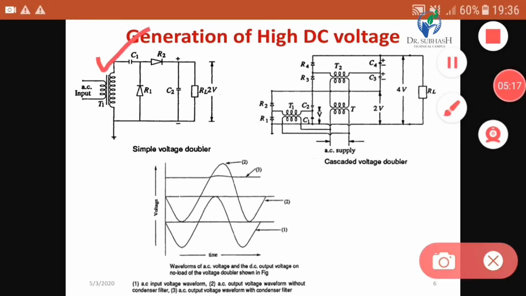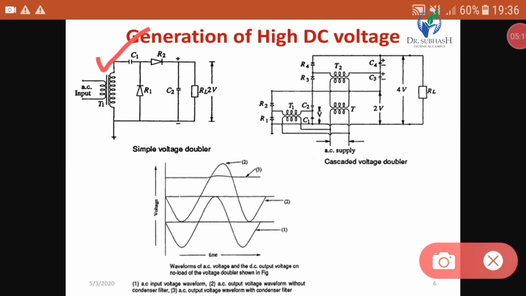So during the half cycle, capacitor will be charged up to V maximum and this voltage will be added to the output. So we get the output voltage V plus V is equal to 2V. So this way we can double the input voltage.